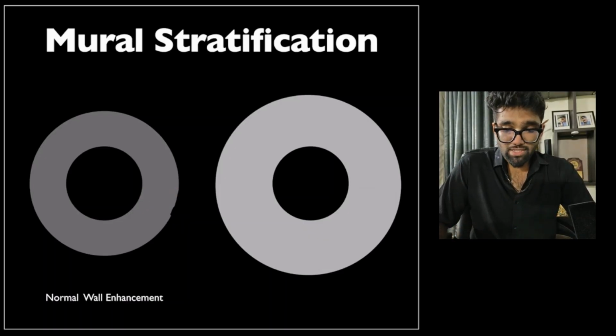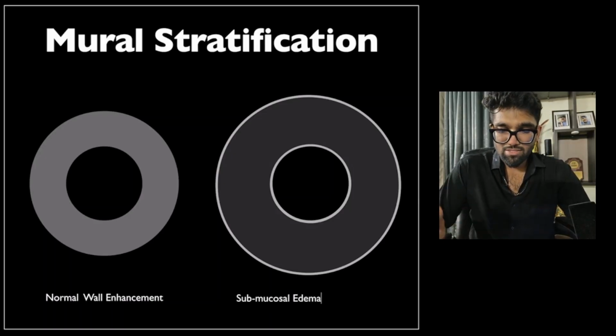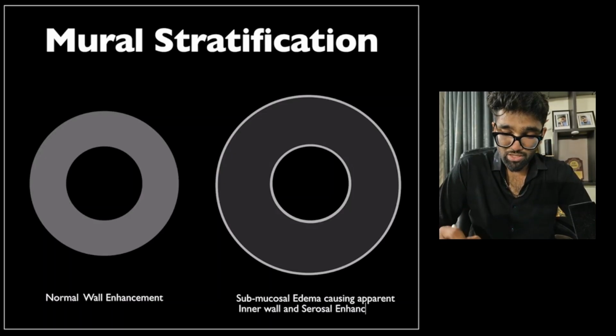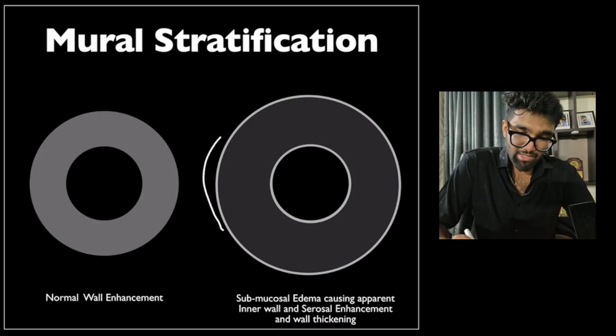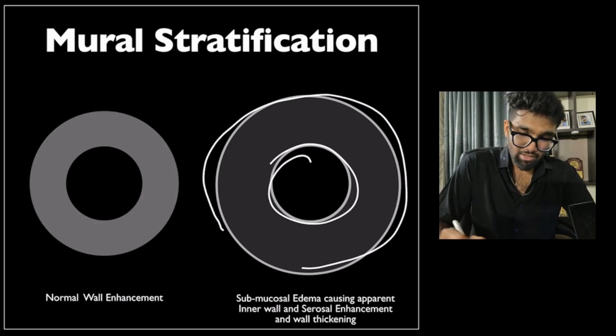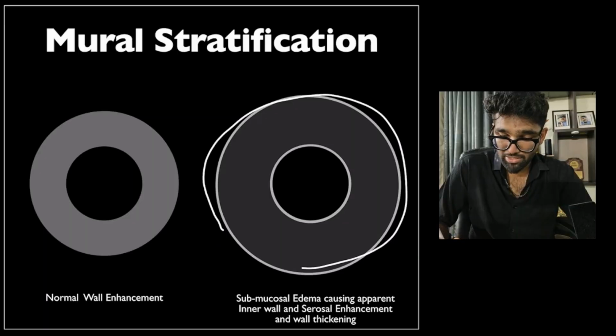However, what ends up happening in mural stratification is you have an apparent hyperenhancement of the submucosal, serosal and mucosal walls. So you've got a white line here and you've got a white line inside. Okay, and in between you have got a relatively hypointense layer.